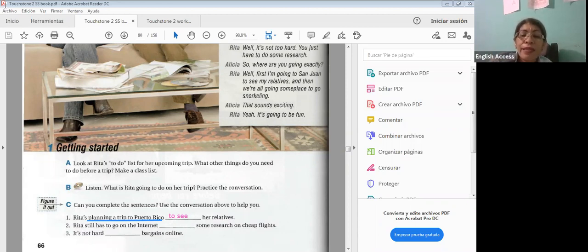And the last one says, it's not hard. Here we're describing a situation. We're saying that it's not hard, what? It's not hard to find bargains online. Yes, we're describing something. So, do you understand this explanation, guys?